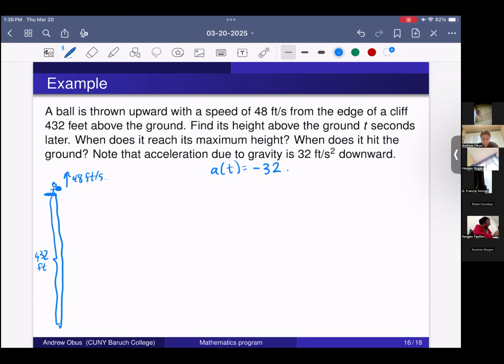We usually use negative for downward. Now, in order to do this, we should give some coordinates over here. Our coordinate axis is going to be feet above sea level. So this is going to be 0, and this is going to be 432 up here.